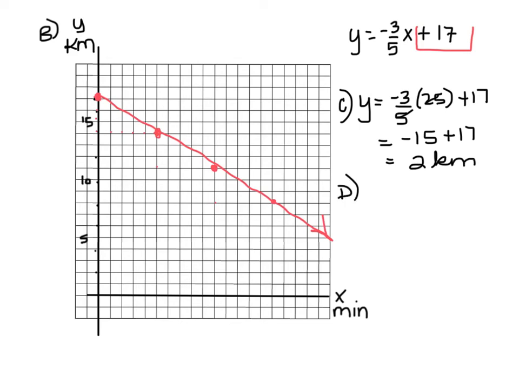D asks what the slope and the y-intercept stand for. Well, the y-intercept, which is the ordered pair 0, 17, stands for at 0 minutes, I'm 17 kilometers. Let's be a little bit more specific. I am 17 kilometers from home.